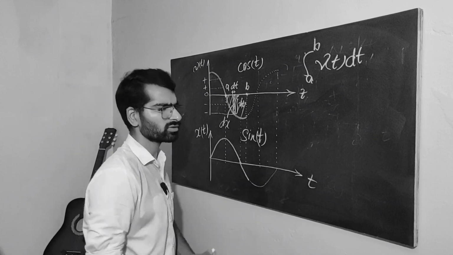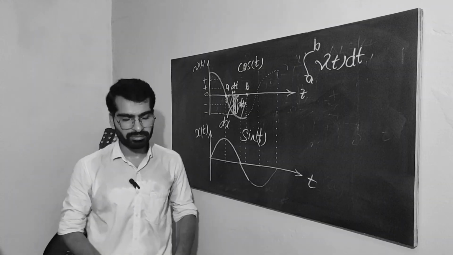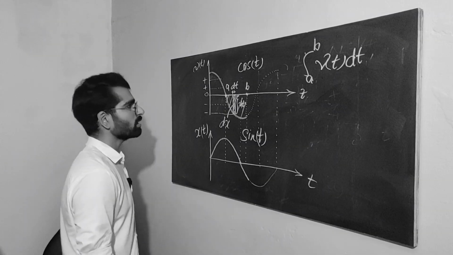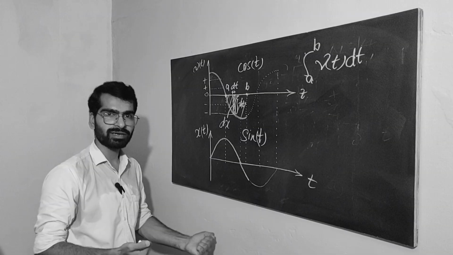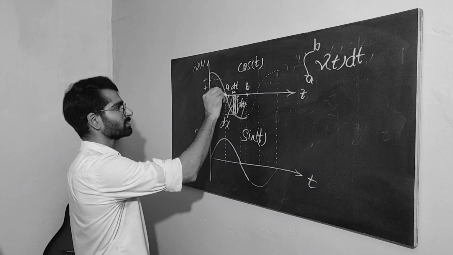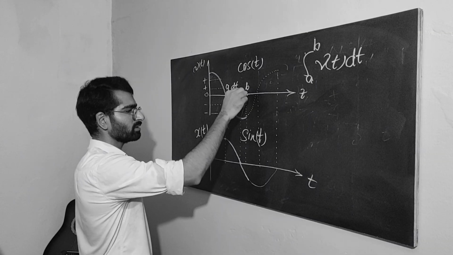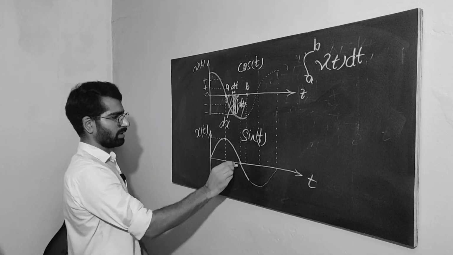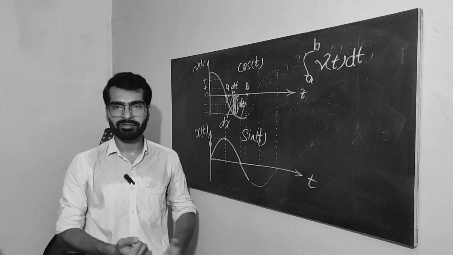Or you could add a constant here too, but I'm not going to need that. If you want to do that, go ahead, but whatever follows wouldn't change. And so, you can see why this is called negative area, because it means you are moving backwards, because velocity is negative. At this time on the distance function, you are here. Some seconds later, you end up here. So you are going down. You are moving backwards.